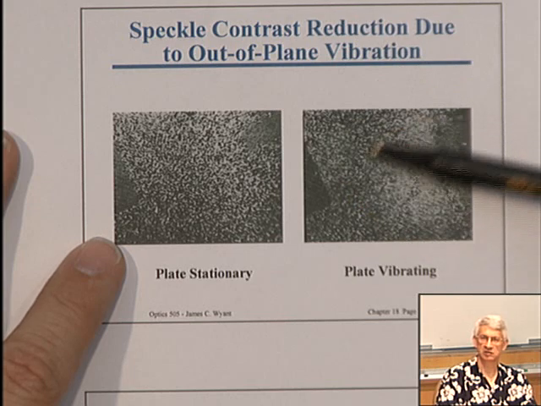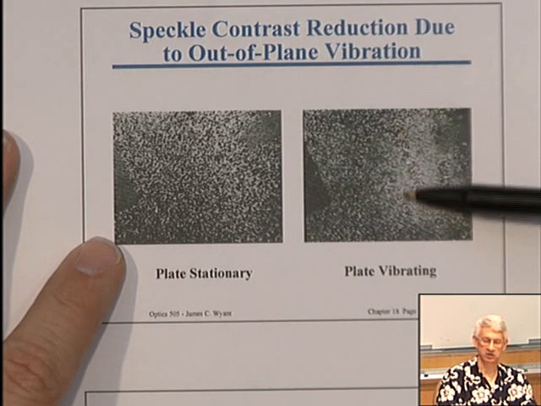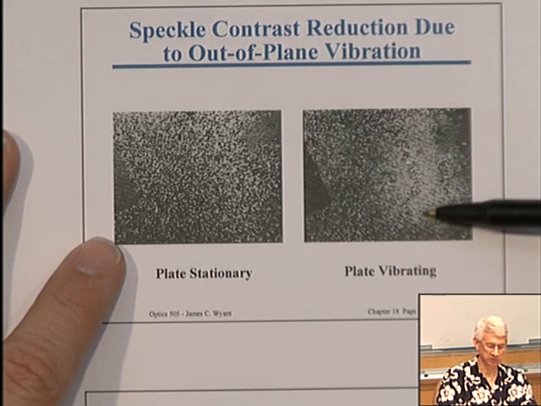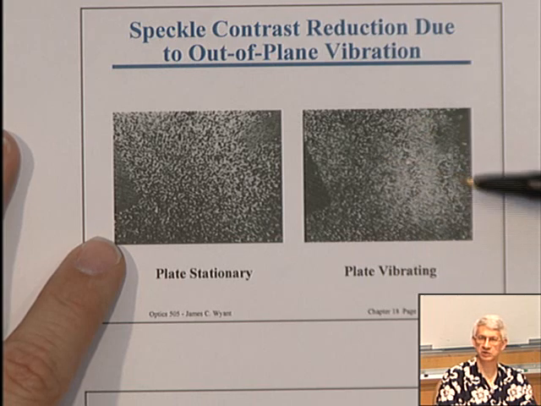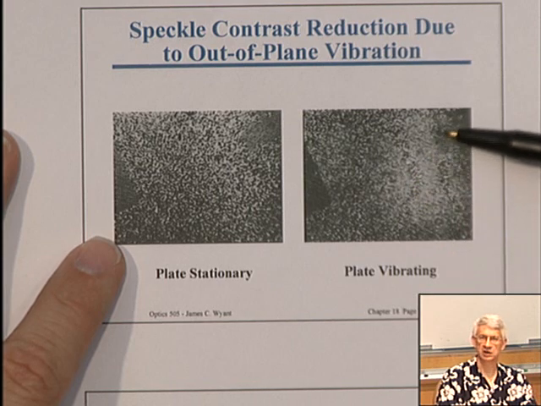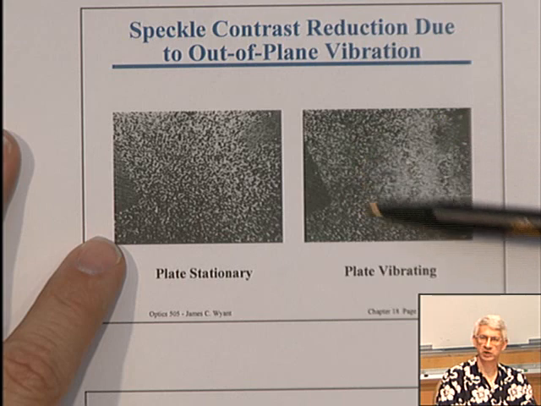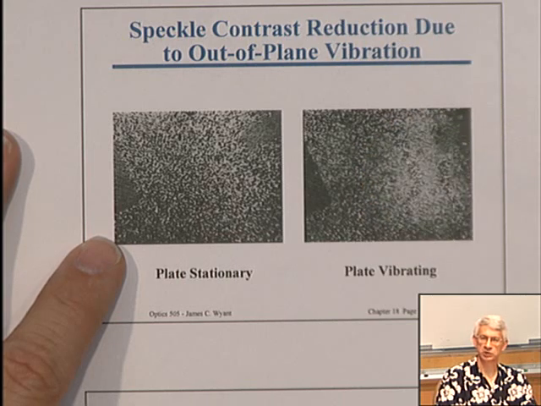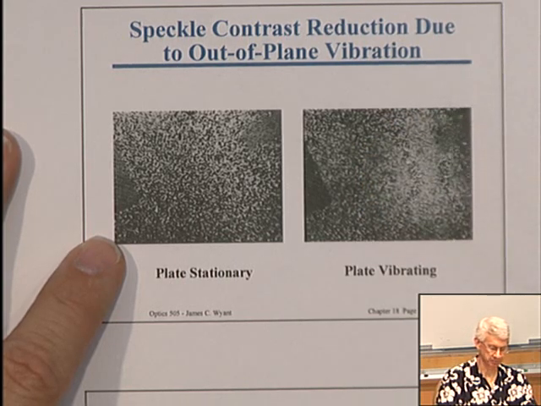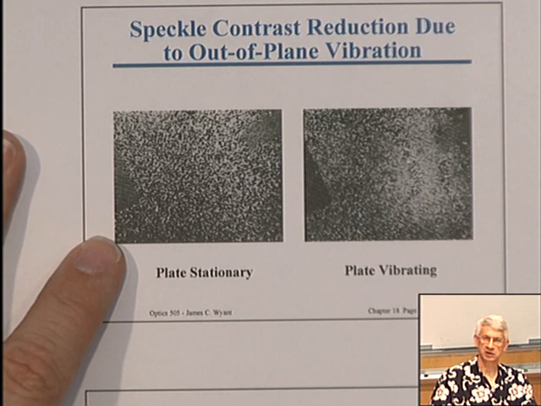We can take this information and first calculate the contrast of the fringes in the speckle, and with the rough surface, actually calculate the amplitude of the vibration according to the contrast of the speckle. So that was in the z direction, out-of-plane vibration.